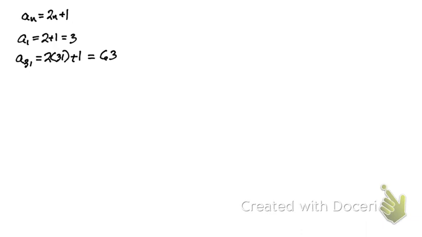So to get my sum, the sum of all 31 days of you reading is going to be 31 divided by 2 times 3 plus 63. And I believe that's the one I was looking for. But that's the formula, and that's the stuff we do with it.